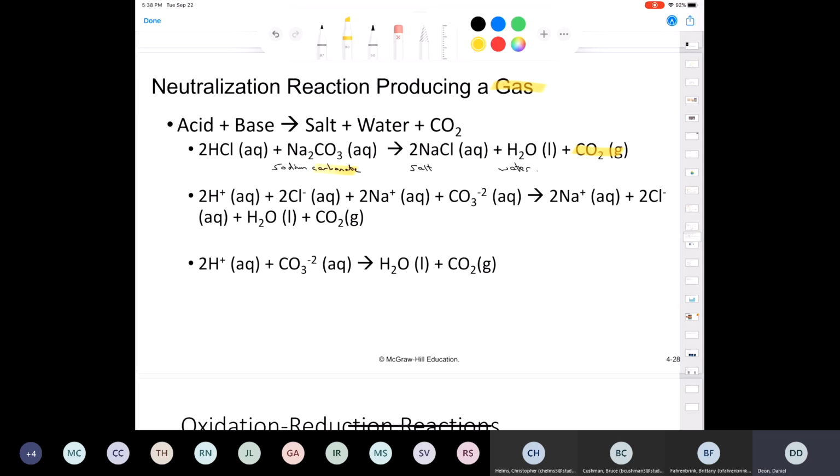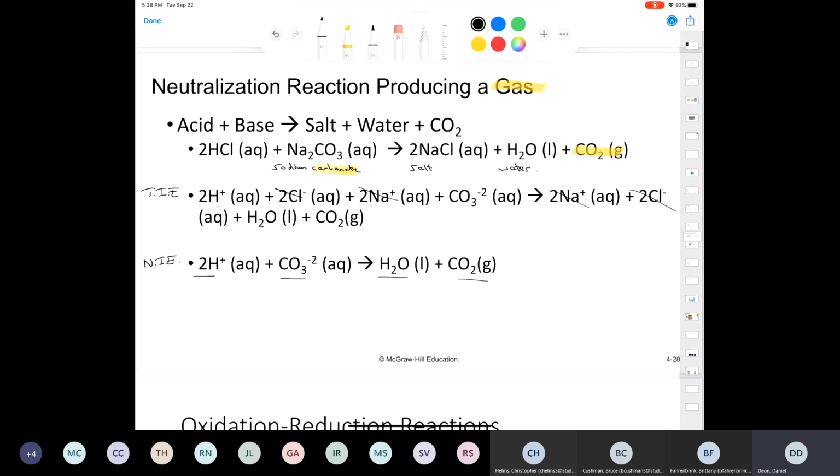So the same thing applies. We break it apart into its ions here in the total ionic equation, and we cancel the ions that are the same on both sides, like that. And we end up with 2H plus carbonate gives us H2O plus CO2 in our net ionic equation.